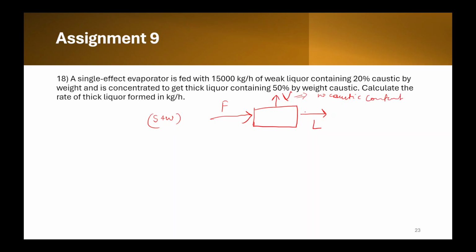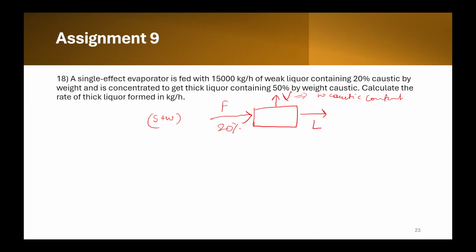So this is pure vapor, and this will have caustic as well as some amount of liquid, because not all of it may have been evaporated. It is written here, it is 50% by weight caustic. So the evaporator is basically concentrating, or enriching, the amount of caustic in this solution.